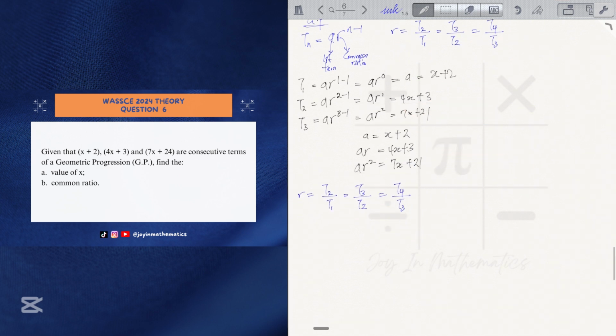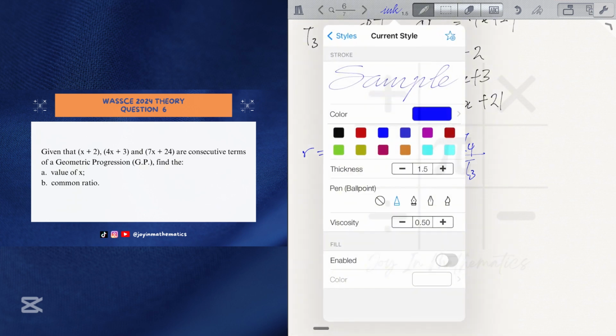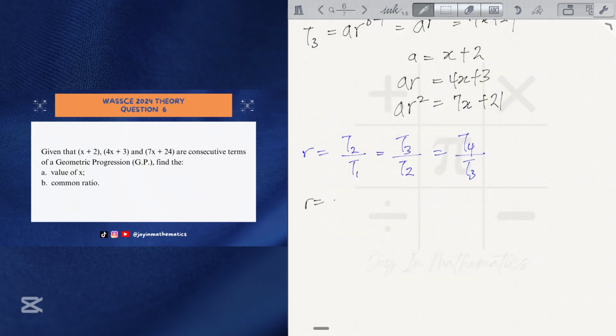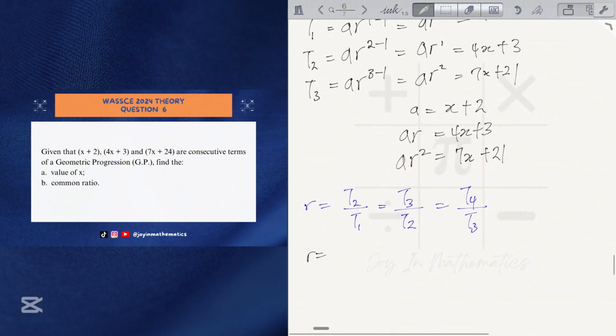So we are saying that r is equal to the second term, which is 4x plus 3, divided by the first term, x plus 2, because this is the first term, the second term, and this is the third term.